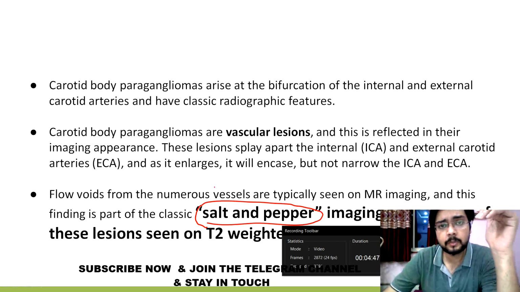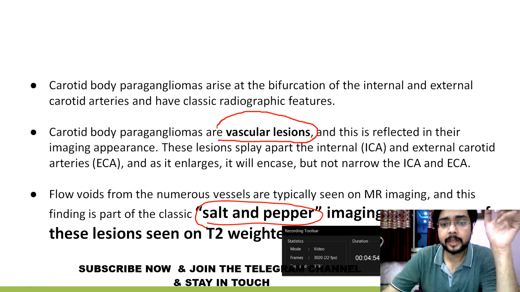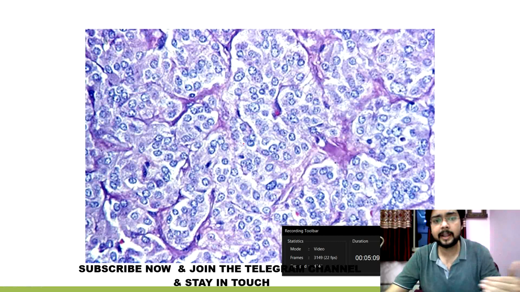So the paragangliomas, extra-adrenal paragangliomas, are basically vascular lesions and many a time they encase the carotid artery. So salt and pepper appearance is another sign of carotid body tumor. Now what else?